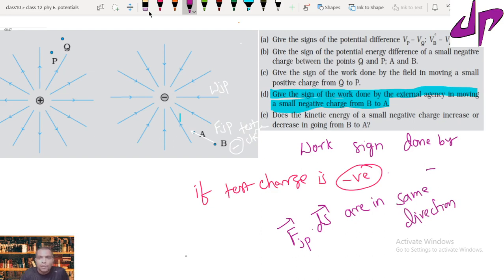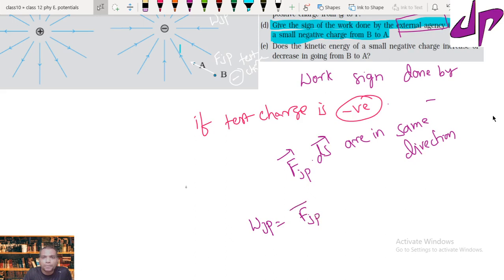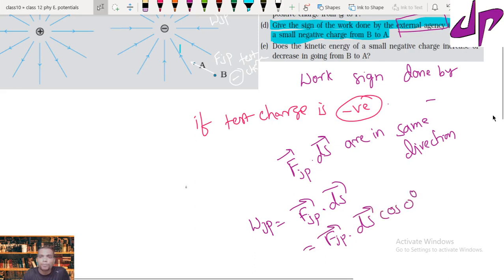As an external agency, I need to apply a force and move from B to A. If my force direction and displacement direction are the same, what is the work done by me? The work done by me equals the force applied by me along the displacement, F ds cos 0 degrees.